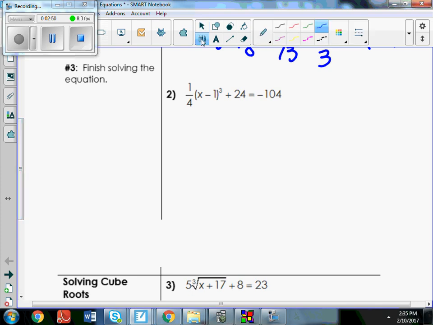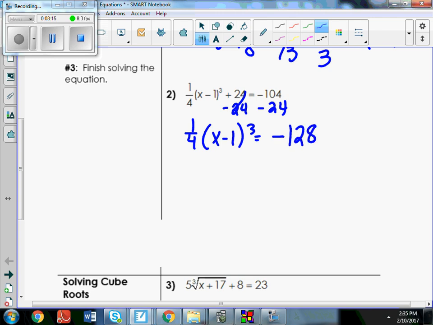All right. So they give us one more example, and this one has a fraction, so it'd be good to do one like that because sometimes you guys divide by a fraction. We don't want to divide by fractions. So if I follow PEMDAS backwards, first I'm going to subtract 24 from both sides. Now I have 1/4 times x minus 1 cubed equals negative 128.